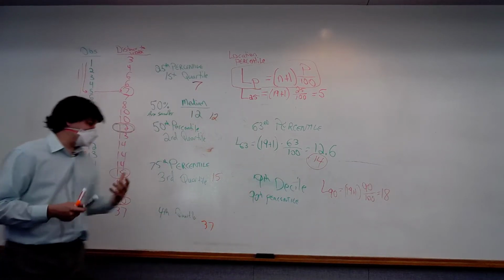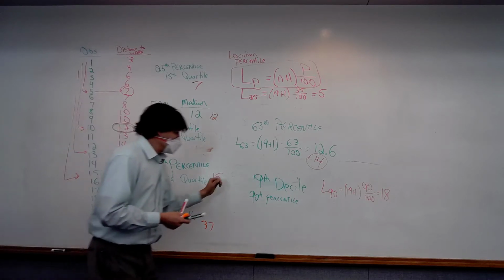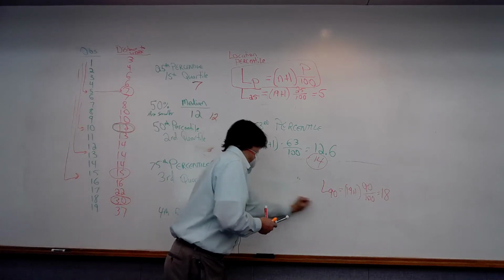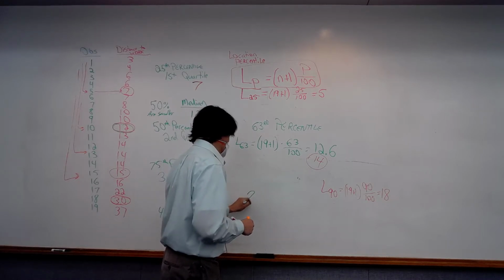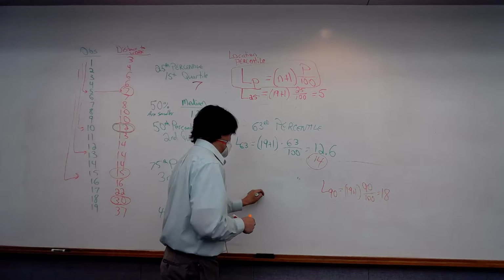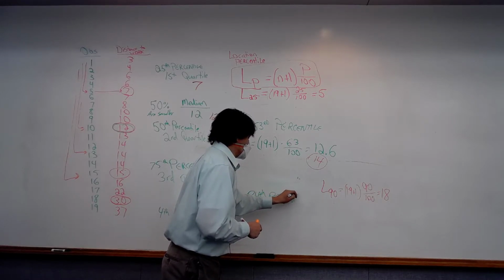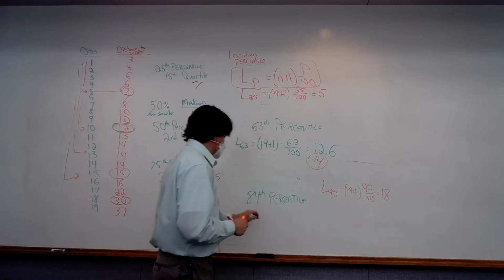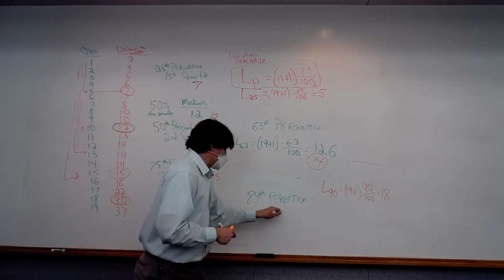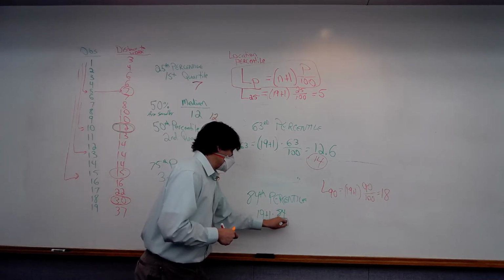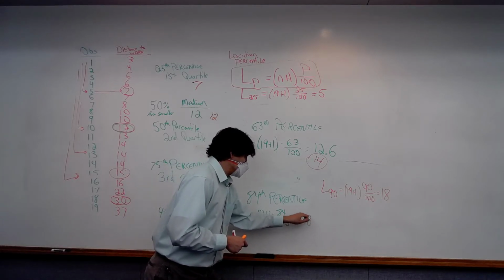Okay, let's look at one that's not as clean. Let's do the 83rd percentile, or let's do 84th. 84th percentile. Again, we do 19 plus 1 times 84 over 100, which is going to give us 16.8.